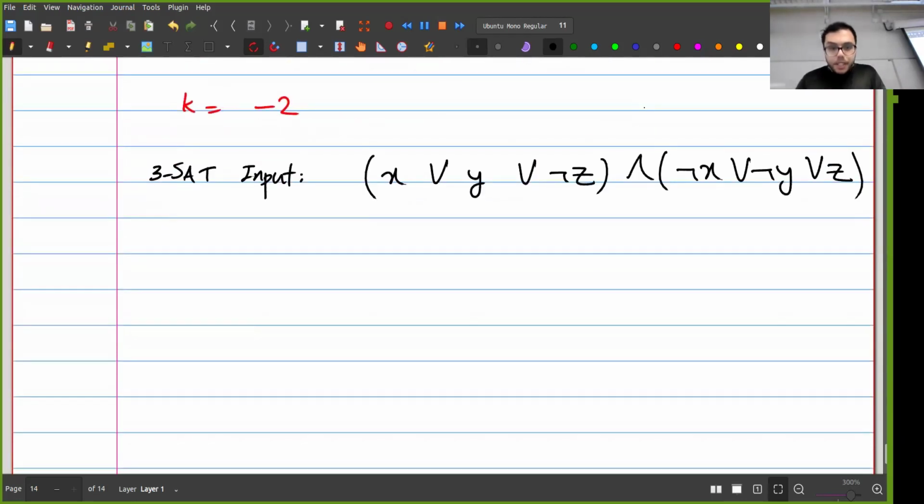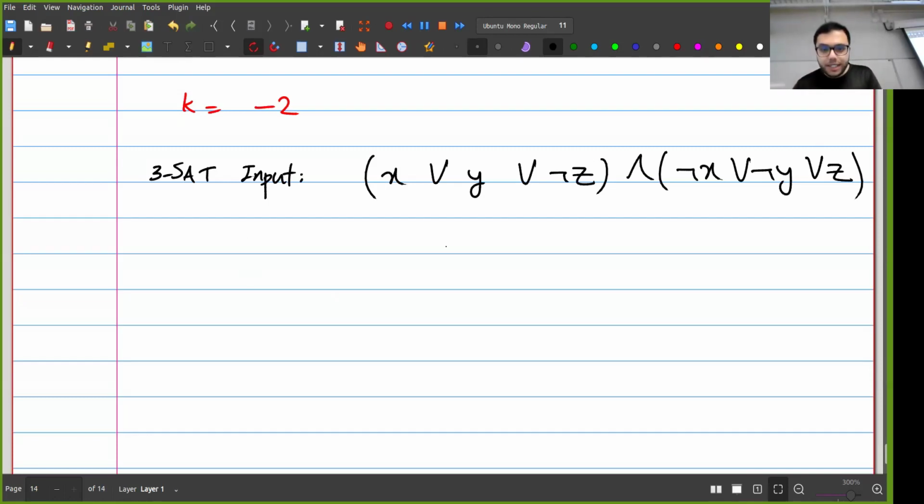Now, here's what I'm going to do. I'm going to look at these integers in binary, and the binary representation is going to have many digits. Let's say 5 digits for every variable and 5 digits for every clause.